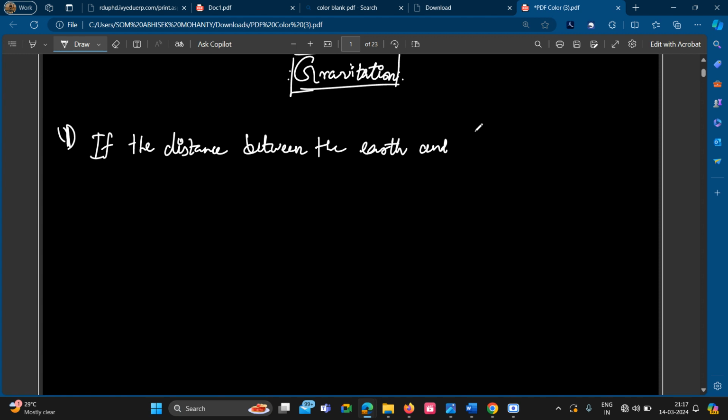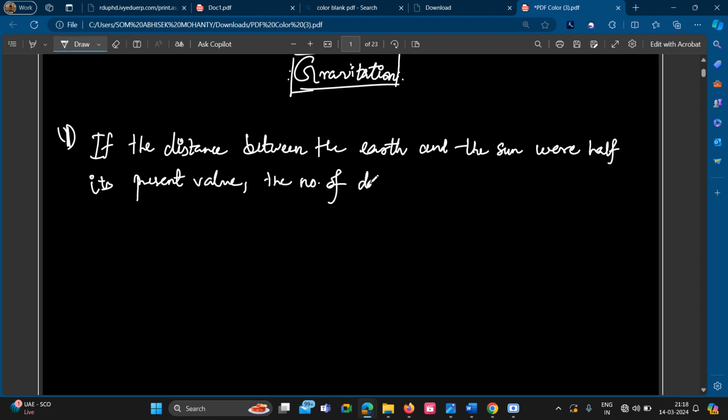If the distance between the Earth and the Sun were half its present value, the number of days in a year would have been dash.